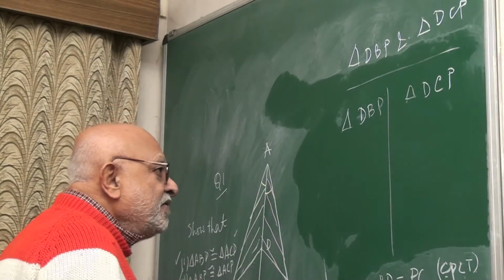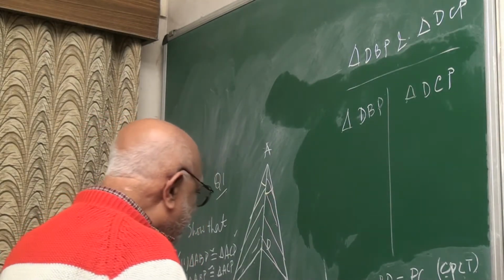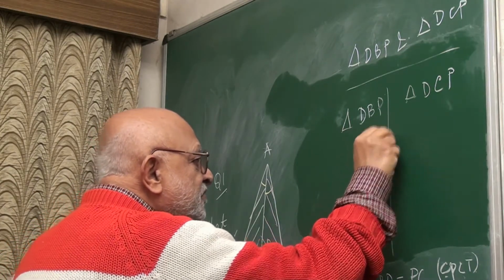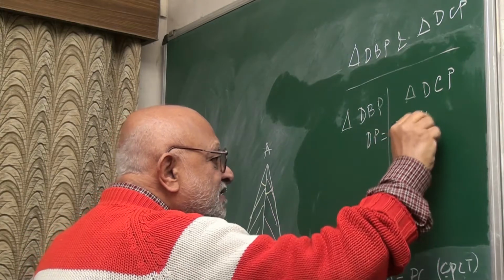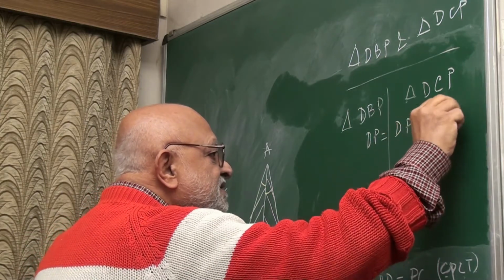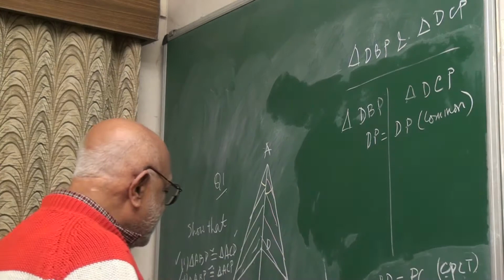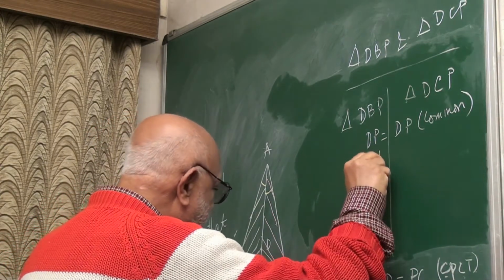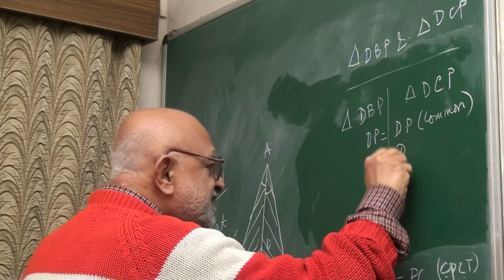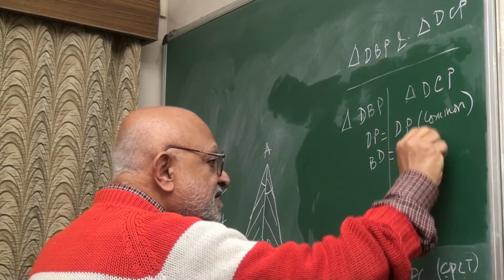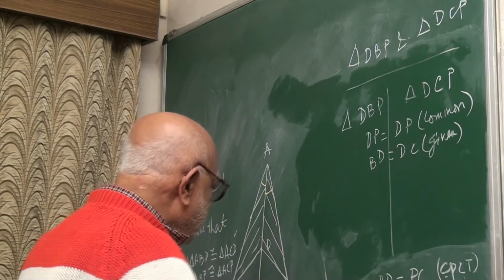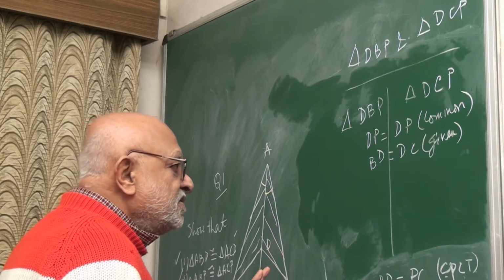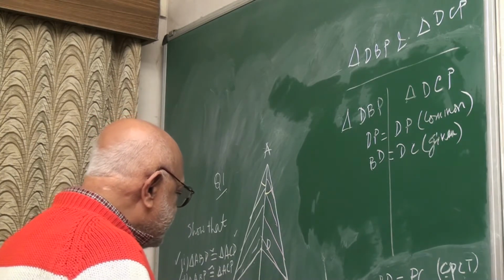If you see these two triangles, first of all DP is equal to DP because it is common. And BD is equal to DC. This is given because it has been said that DBC is an isosceles triangle.